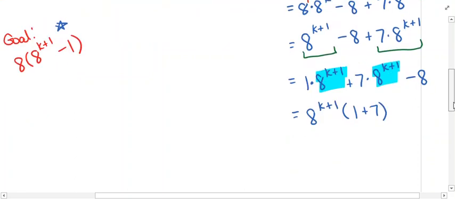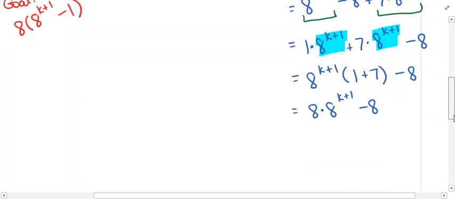Again, you can distribute to check yourself. This is 1 times 8 raised to the k plus 1 power plus 7 times 8 raised to the k plus 1 power. And then I'm still going to have the minus 8 hanging around. 1 plus 7 is 8. That's what we're multiplying by. So this is going to be 8 times 8 raised to the k plus 1 power minus 8.